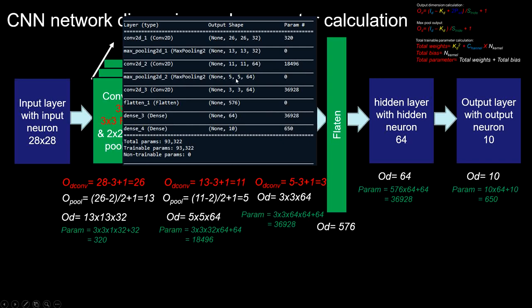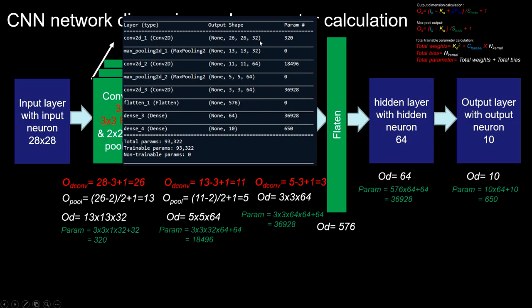Finally, in the final convolutional layer, your output will be 3 times 3 times 64. For the flatten, 576, and then the dense layers are 64 and 10. So this is in terms of the dimensions.